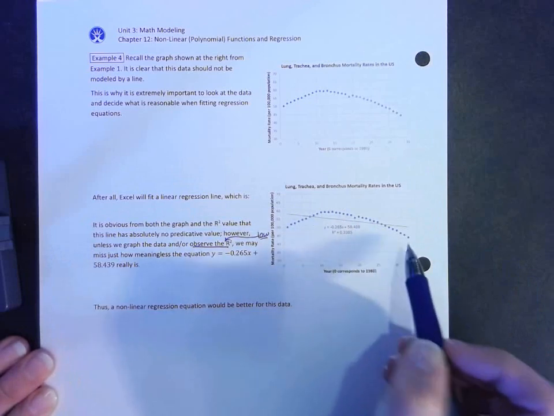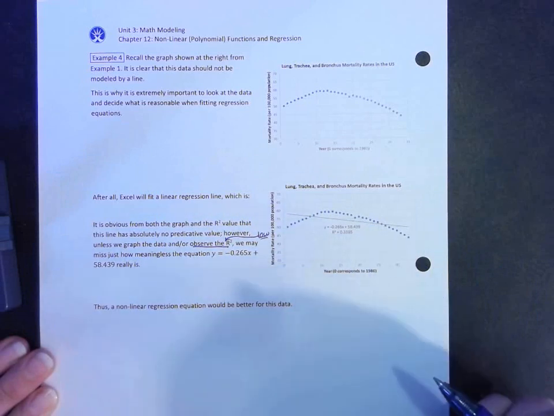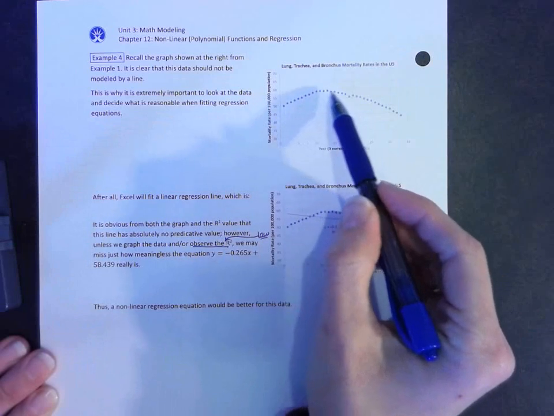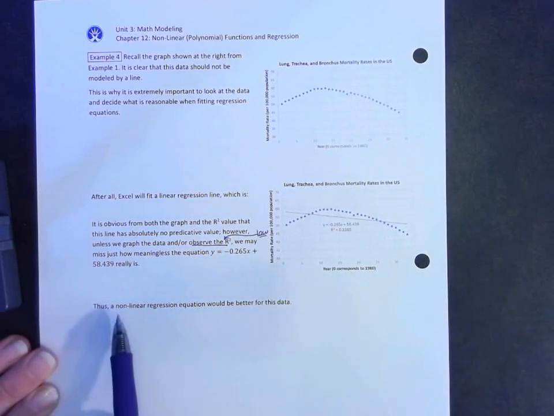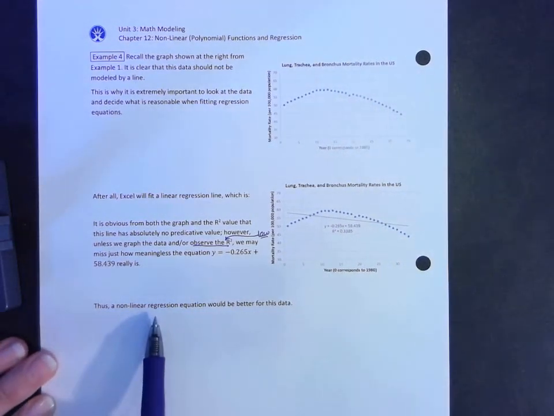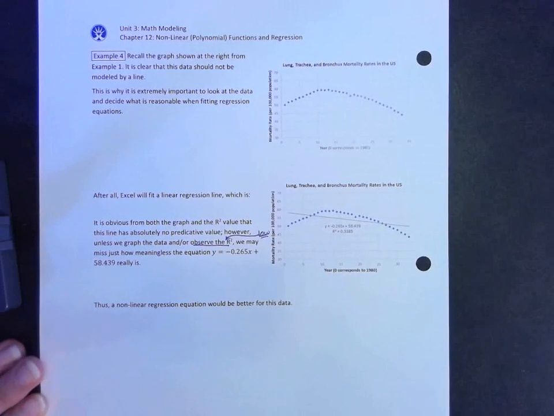But everywhere else it has absolutely no practical meaning here. So this would not be a good choice to fit a line to this. Hopefully what we're seeing is that it has one turn in it, so we're going to do some nonlinear regression, fitting, in this case, maybe a degree 2 polynomial, that quadratic regression. In the next video, we'll start looking at how to do these things in Excel.